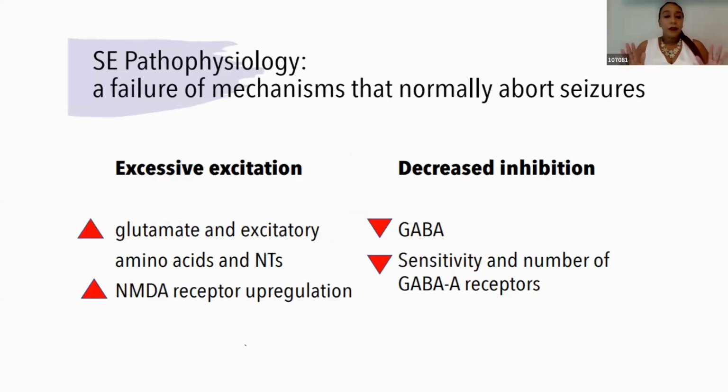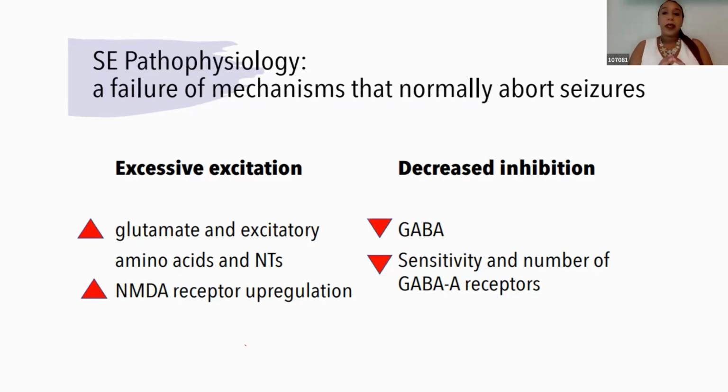Okay, so this is kind of a shortened version of that big chart or diagram I showed you guys. So the pathophysiology, again, is failure of mechanisms that normally abort seizures. So what's that excessive excitation? Again, it's in the glutamate and excitatory amino acids, neurotransmitters, and NMDA receptor upregulation.